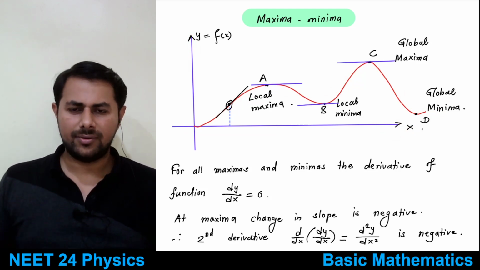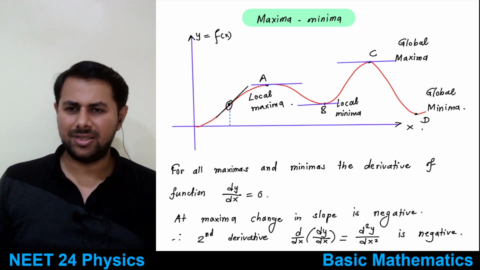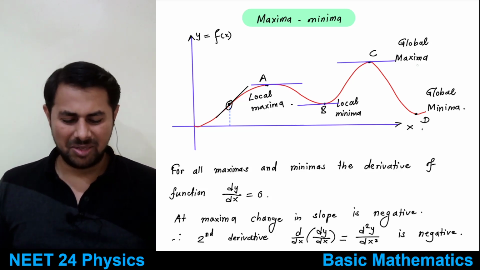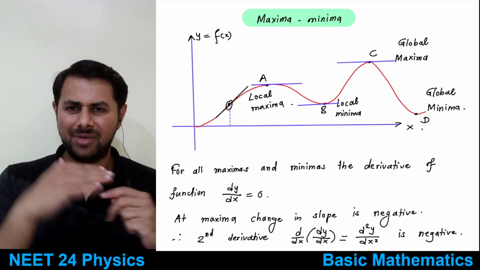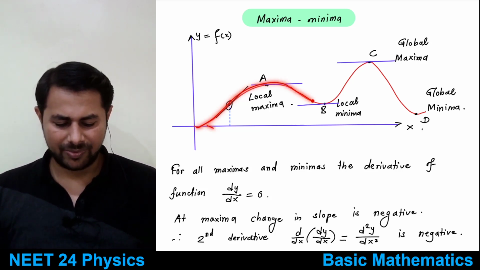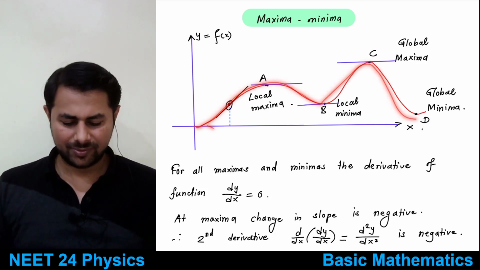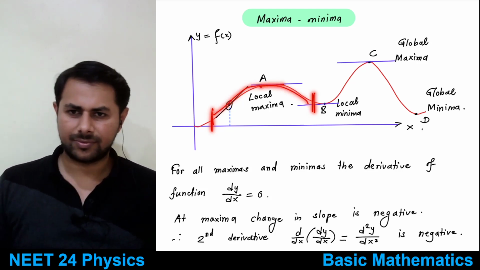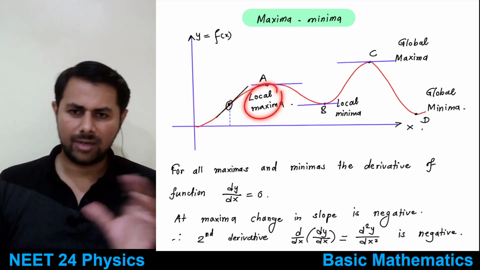What is maxima? Meaning is clear from the name itself. It's the maximum value of the function, right? What is minima? It will be the minimum value of function. So this goes up and down like this. Now if you just look from here to here, this will be the maxima. This is called a local maxima.